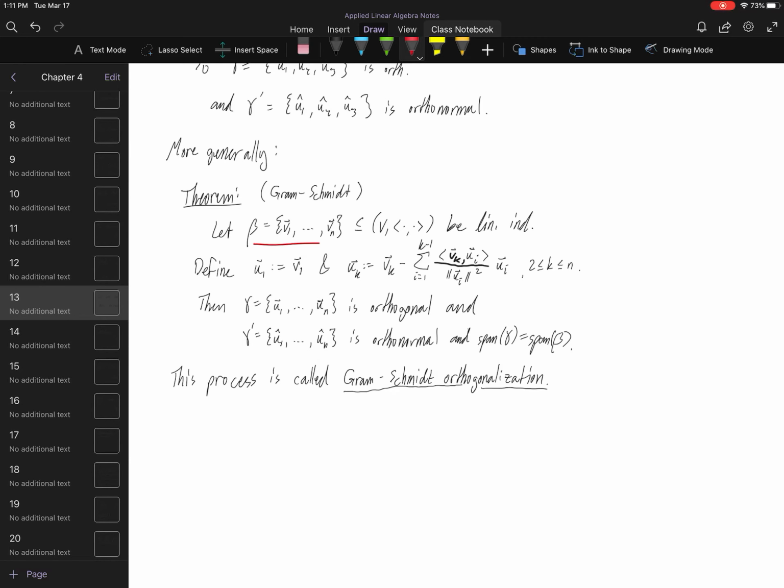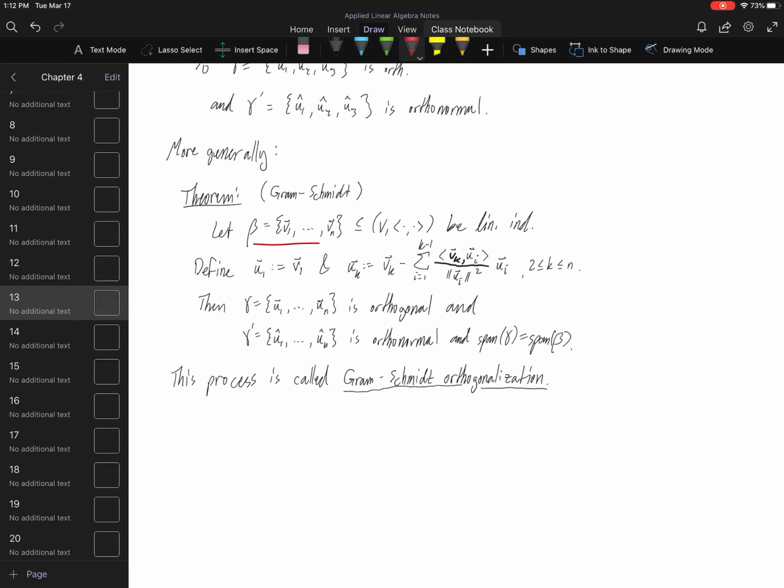Okay, so we're modifying this beta basis, which is already linearly independent, right? It doesn't necessarily have to be a basis, but it is a linearly independent set. We are going to define our starting point, U1 equals V1, and we're going to build the Uk in exactly the same way.